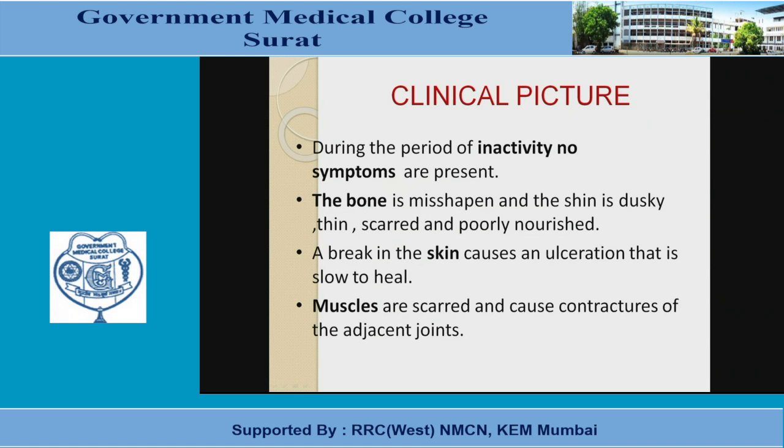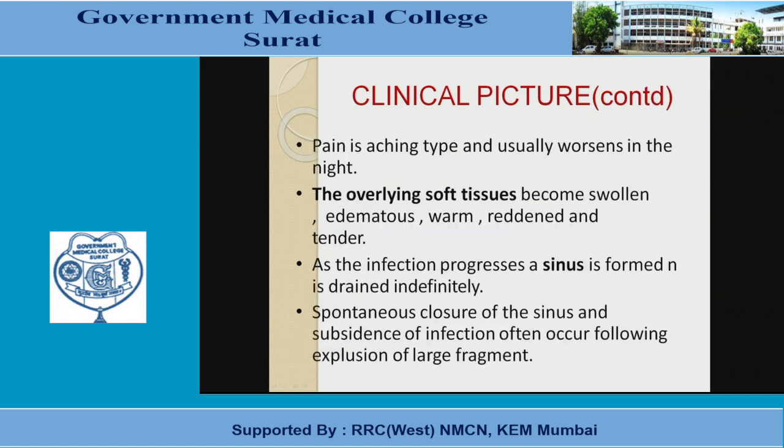The bone is misshapen, the skin is dusky and thin, there may be a break in the skin, and muscles are scarred and cause contracture of the adjacent joint. Pain is aching type and usually worsens at night. Why? Because during the daytime the muscles are active, and at night the muscles are relaxed, leading to more pain.